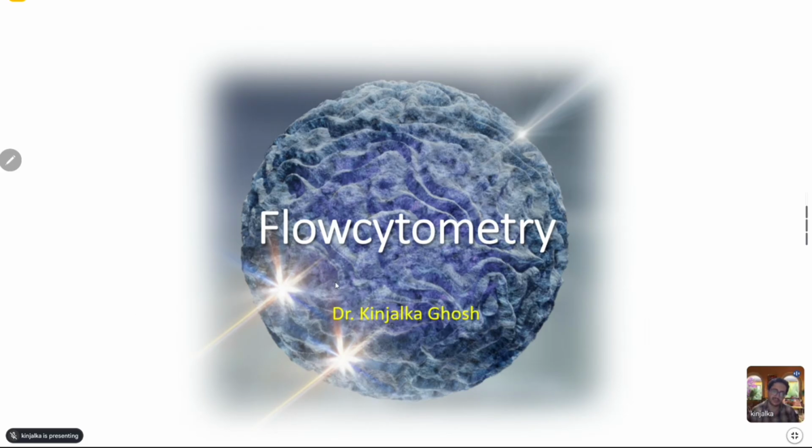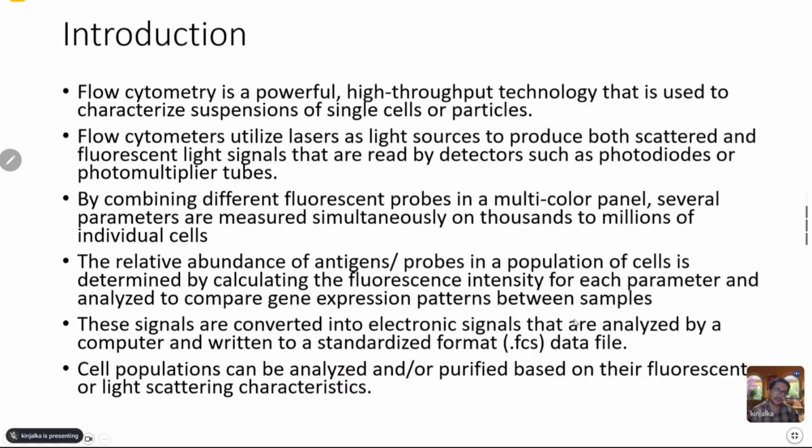So essentially, flow cytometry is looking at cells or antigens or particles which are associated with the cell surface or the cell body. So it cannot identify small molecules which are secreted. So that is one limitation.